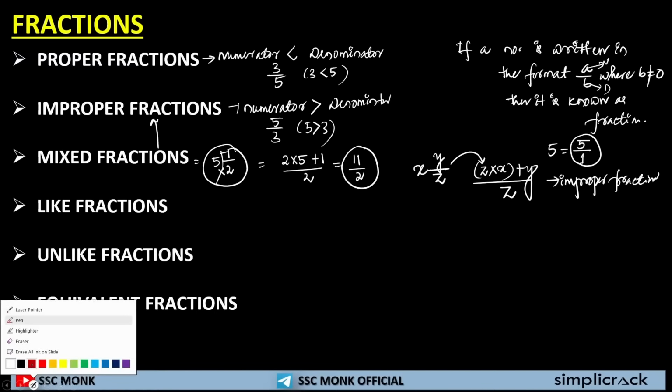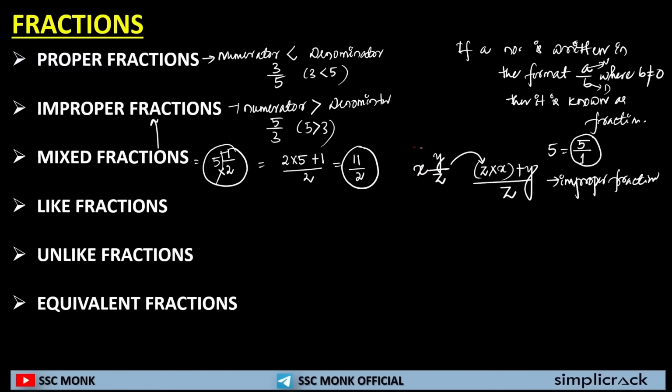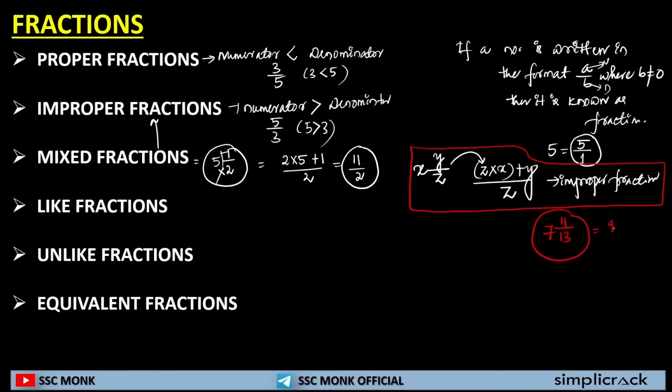So if a mixed fraction is given, you will make it into an improper fraction like this. Now if I ask what is the improper fraction of 7 11 by 13, you will do what? 13 7s are 91, plus 11 by 13. 91 plus 11 is equal to 102 by 13. This is the improper fraction. Clear? Sorted? Yes or no?